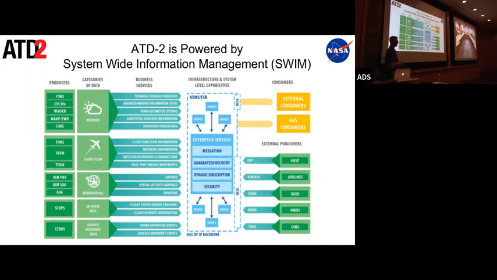So SWIM is a digital data sharing infrastructure. The idea here is that SWIM is this FAA cloud that is distributing the data in real time to users of the National Airspace System and providing the data and the answers that they need to make operational decisions.